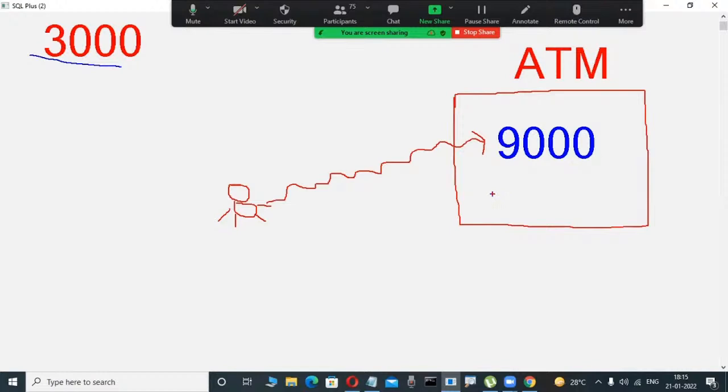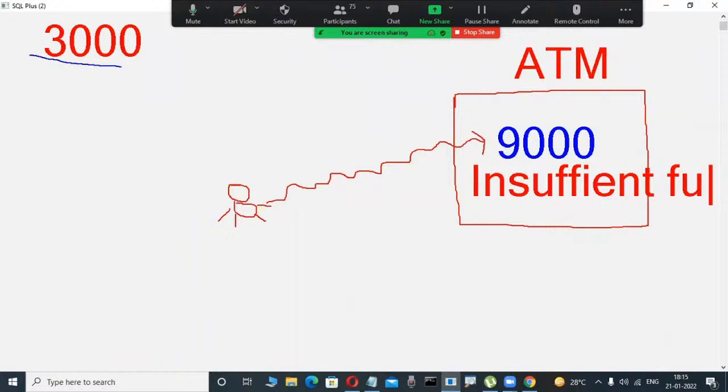In this case, as you observe in your ATM machines, a message is displayed: insufficient funds. Because your balance is low, 3,000, but you are trying to withdraw more than 3,000, like 9,000, 8,000, 7,000. How is it possible? In that case only, the message insufficient funds is displayed.